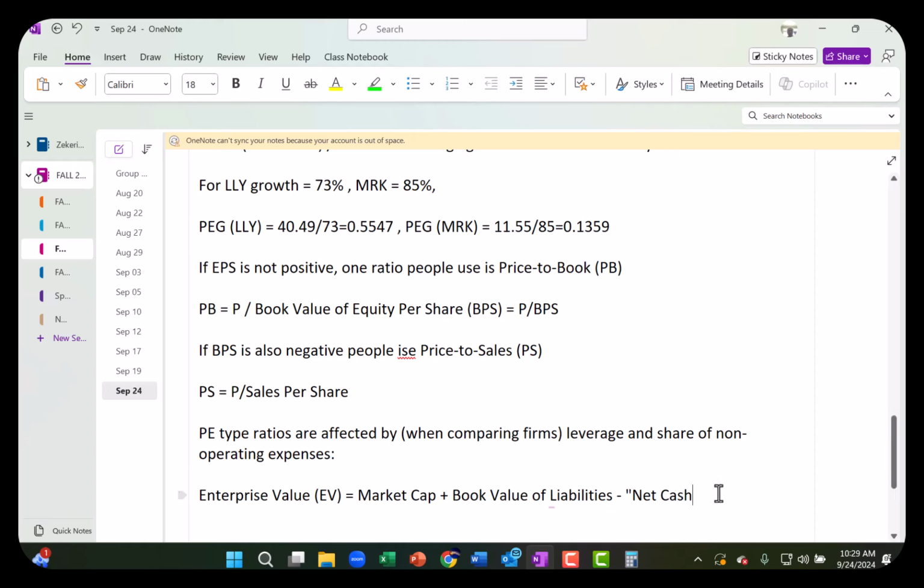Sometimes it's called net. Some people do net cash. Some people just do cash. I put that on purpose in quotes.